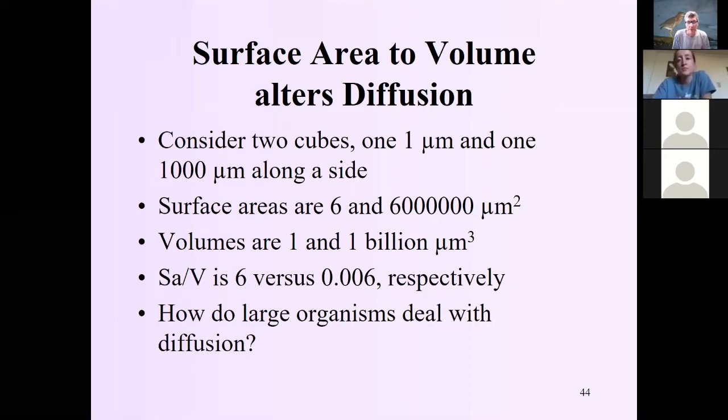The volume is height by length by depth, 1 by 1 by 1, that's 1. So surface area to volume is 6 square microns to 1 cubic micron.